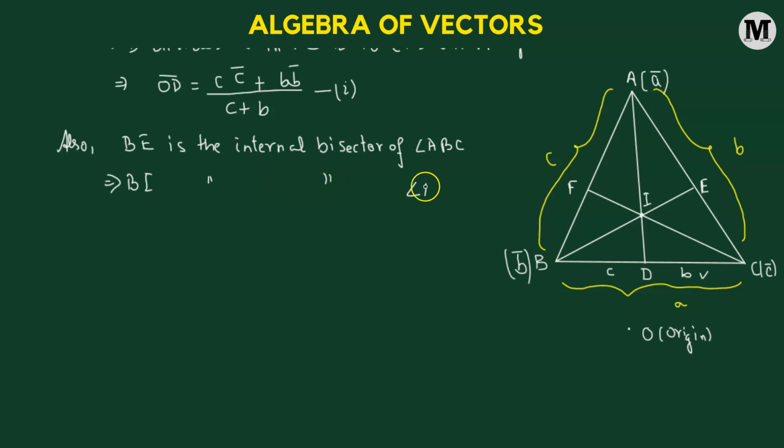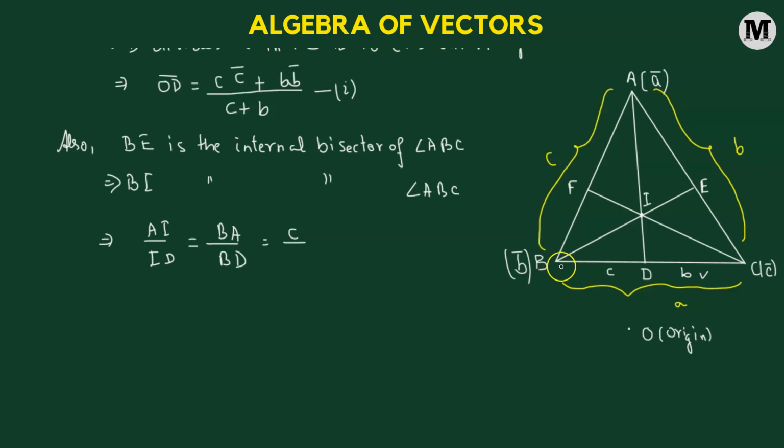So if we take the ratio of AI to ID, this equals BA to BD. Now, BA is already defined as C, but we have to find BD. BD is not actually C here. This is the ratio in which D is dividing BC.